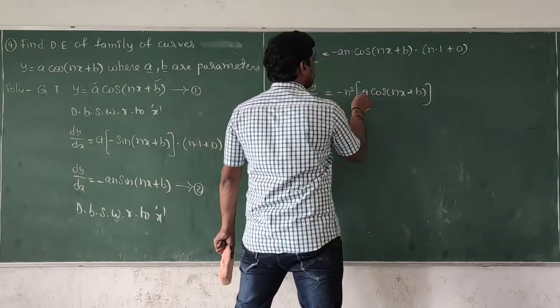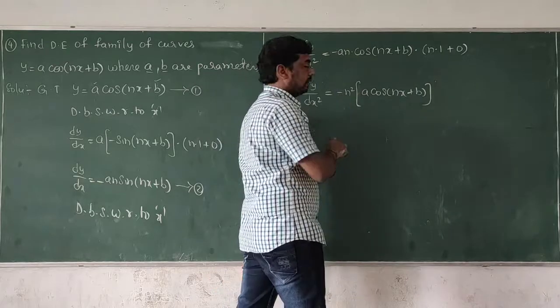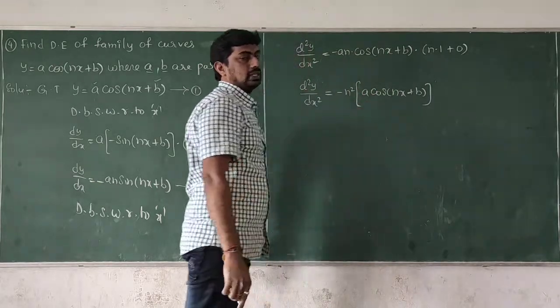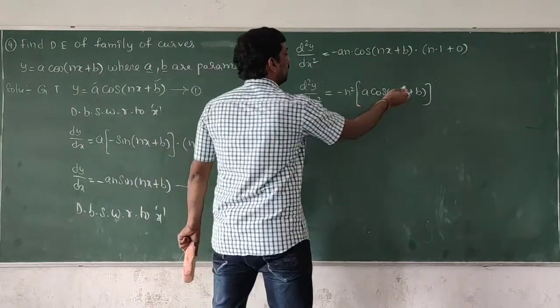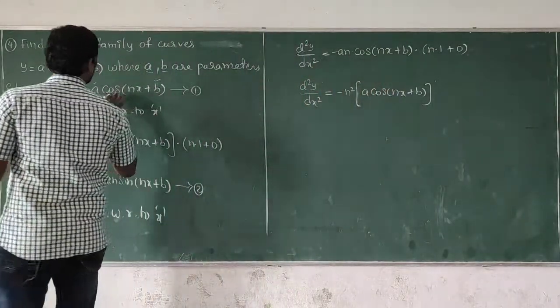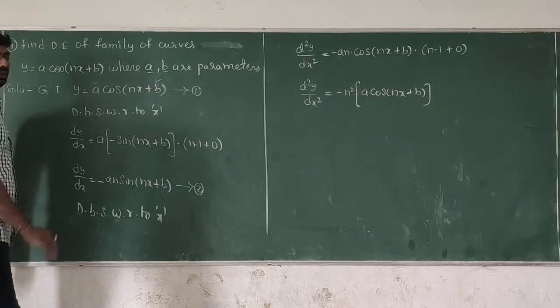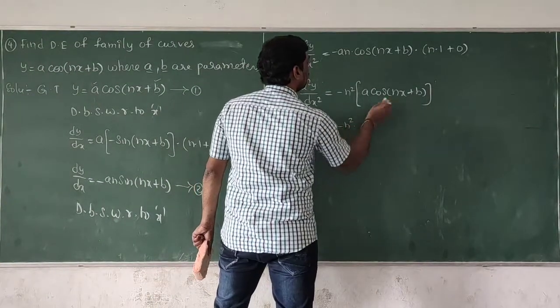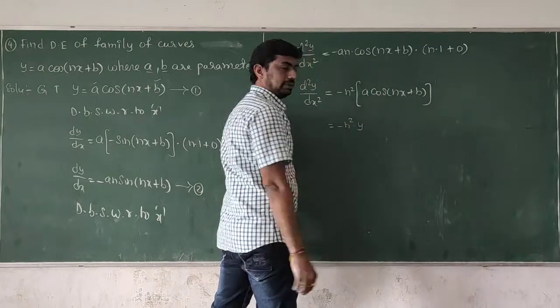Right. If you multiply this one, we get the previous one as this: minus n square a, minus a n into n means minus n square a. Here clearly from the first equation, a into cos of nx plus b is the value y. That's why minus n square into, replace this value by y.